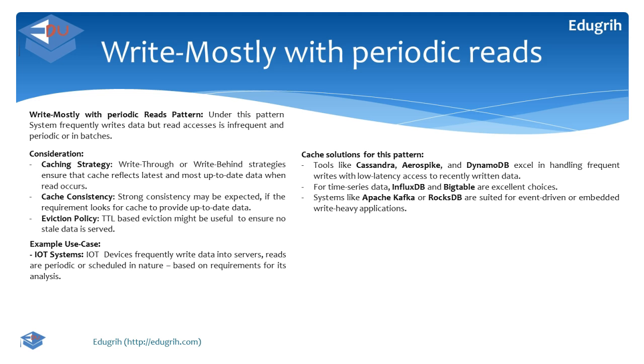So when we are considering embedded systems, time series data, or handling highly frequent writes and low latency requirements, these are the three different categories on the basis of which some of these solutions can be picked. Again, not just limited to this, but these are a few which I have listed out.